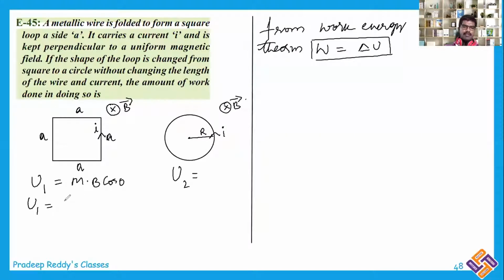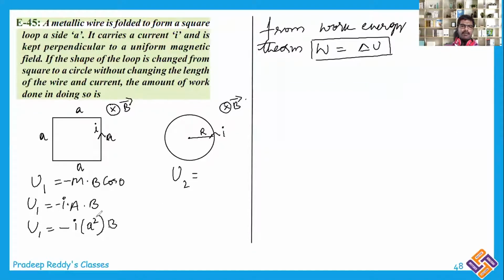Potential energy should be taken negative, so U1 is equal to minus I into the area, side into side, that is a square, into the magnetic field B.